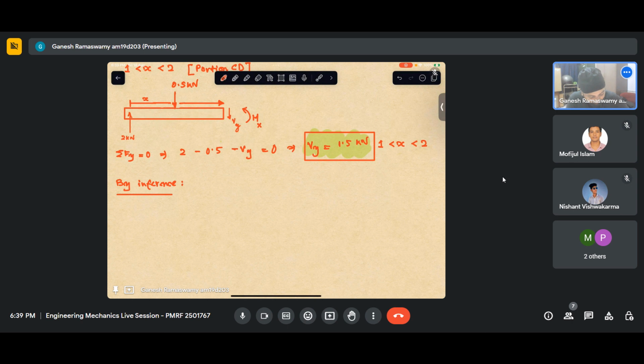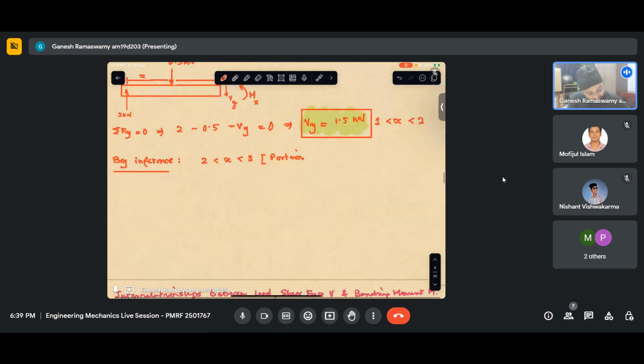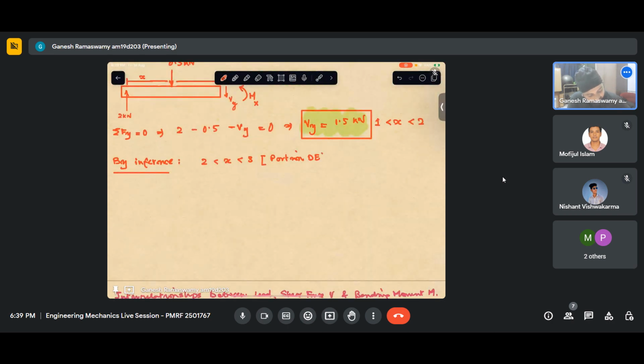For 2 less than x less than 3, which is portion DE, my shear force should be 1.5 minus 3. It will be minus 1.5 kilonewton.